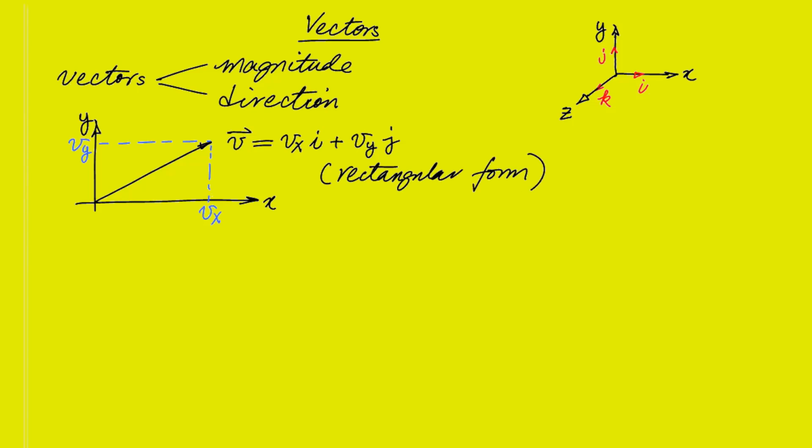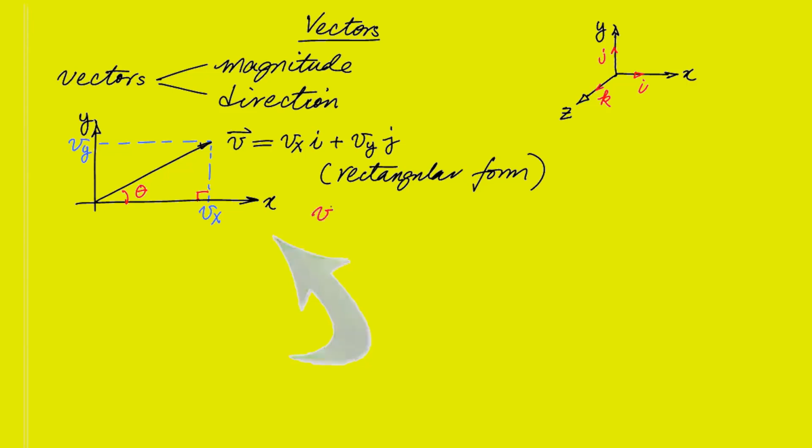We could also represent the same vector using its magnitude and the angle. Let's do this by recognizing this is a right angle triangle and the angle formed between the vector and the x-axis is represented by theta.